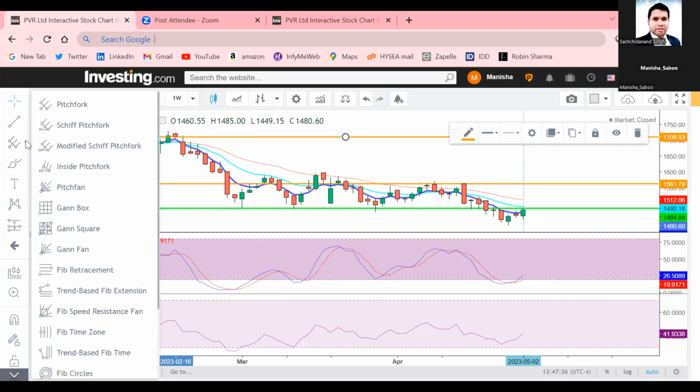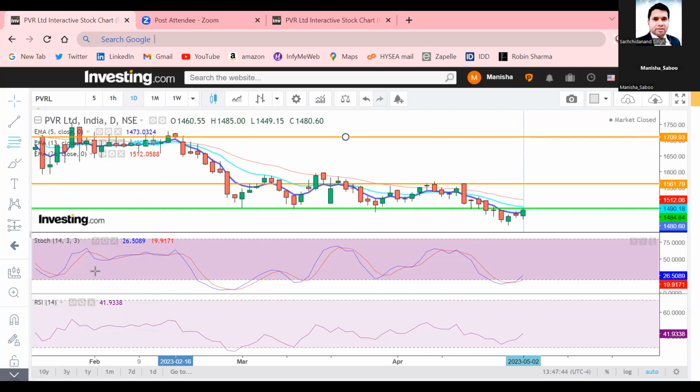Fib retracement. Go up, yes, one more up. Okay, it's a fib retracement. Then click: the first click should be the low of that candle, the very fine low. The next click should be where it has moved up.